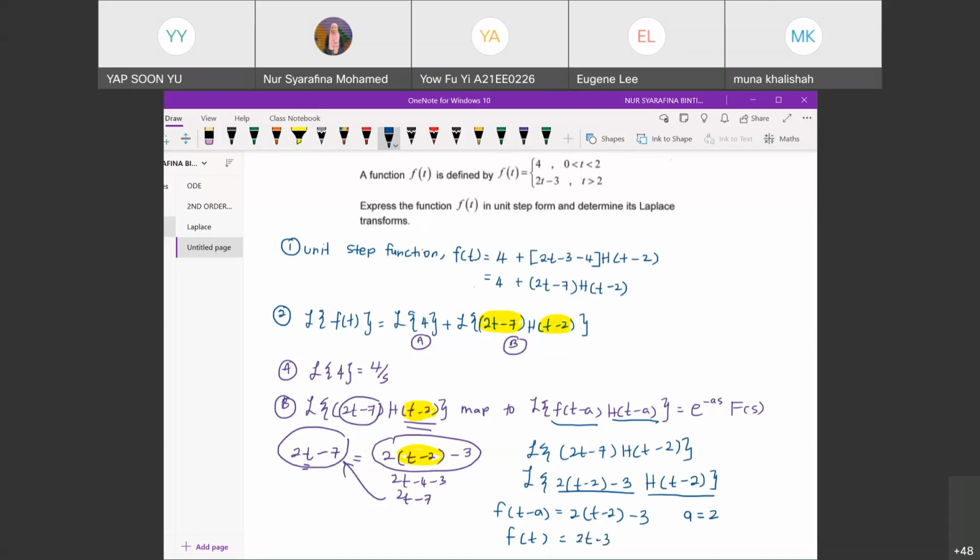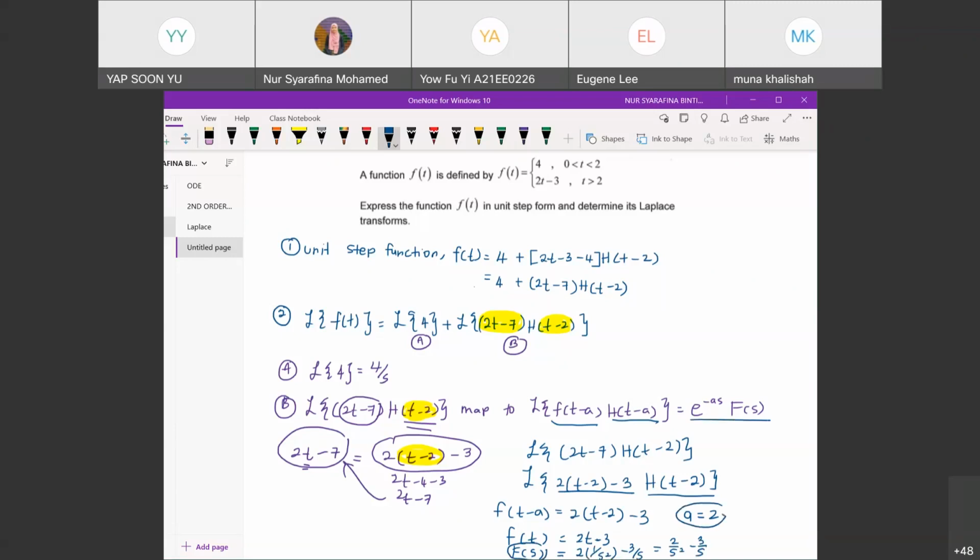Once you have your f(t), only then you can find your F(s) by transforming this. It will give you 2 over s squared minus 3 over s. So this is your F(s), and this is your a.